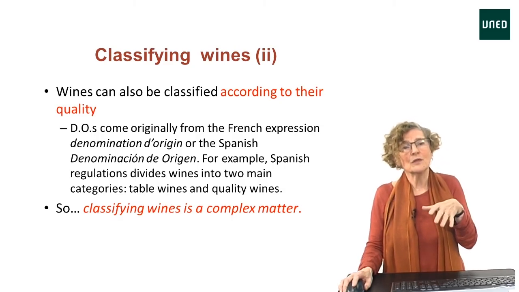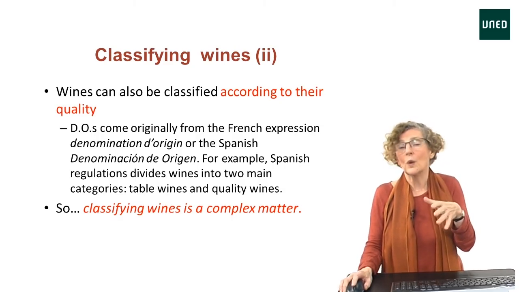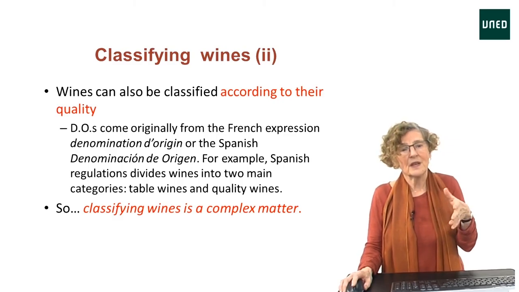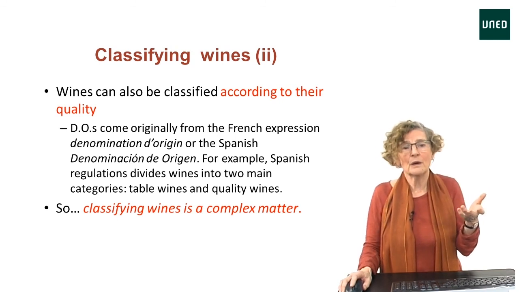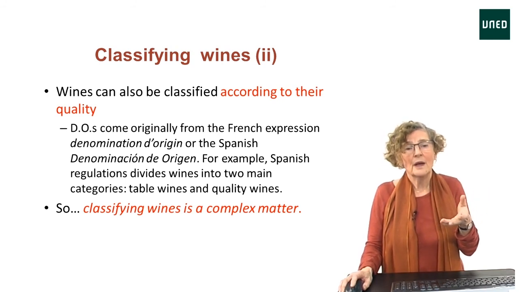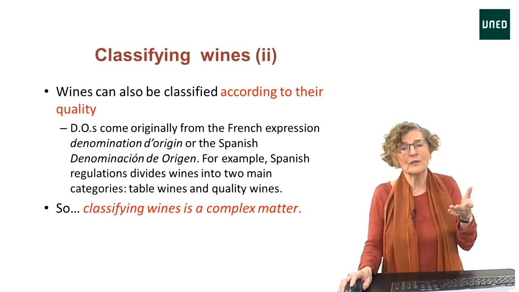Then a classification of wines depending on the DO has turned into an important trademark reference. The term DO comes originally from the French phrase dénomination d'origine. Similarly, the Spanish noun phrase denominación de origen is used in Spanish-speaking areas.